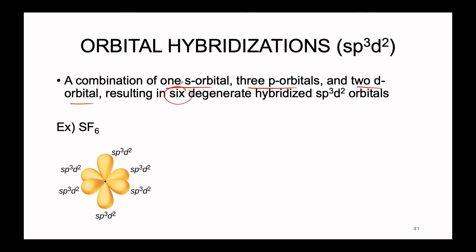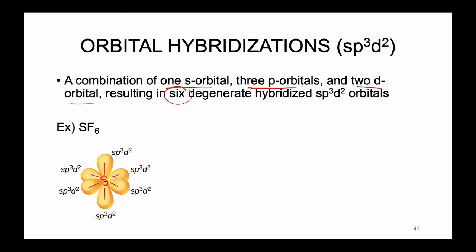A really great example of a molecule that has this geometry is sulfur hexafluoride. The central sulfur will end up with 6 different sp3d2 orbitals hybridized in space like this, where we're going to have 1, 2, 3, 4, 5, 6 positions where we can form single bonds, or sigma bonds, according to valence bond theory.